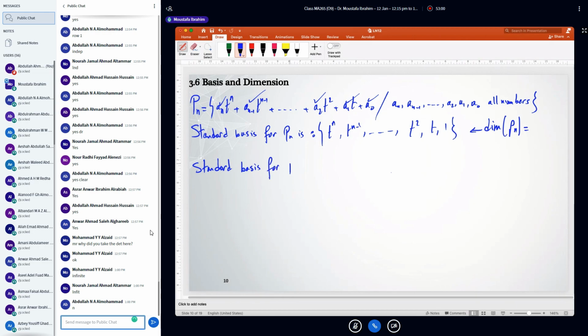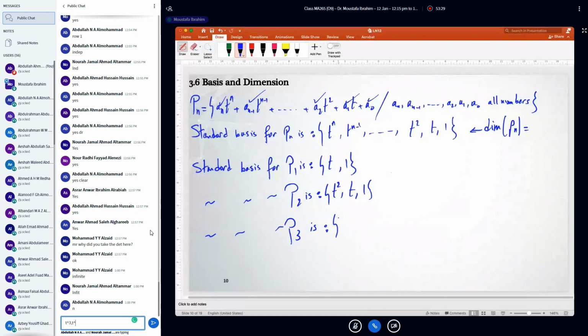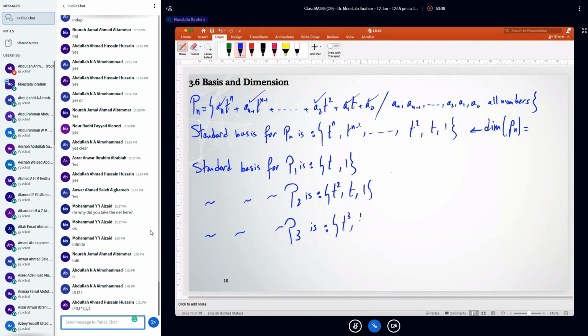Okay, let's see standard bases for Pn. For P1, the maximum degree is 1, so you start with t and 1. Now P2, the standard basis for P2: you start with t squared, t, 1. Standard basis for P3: t cubed, t squared, t, 1.